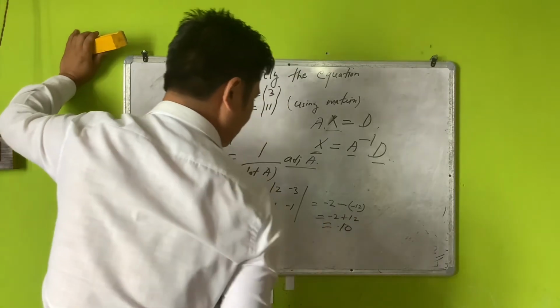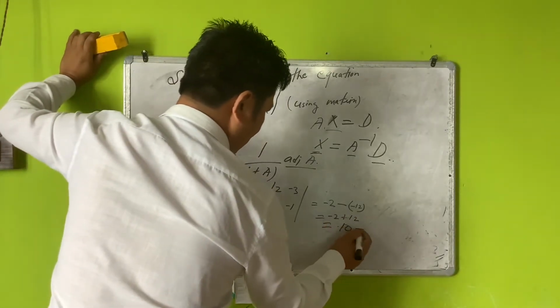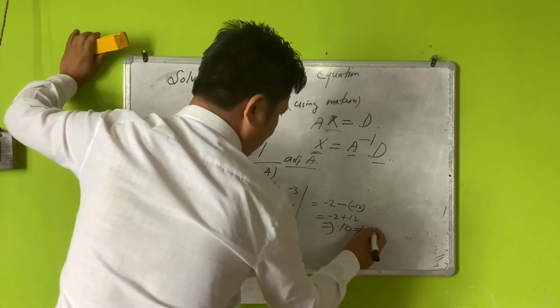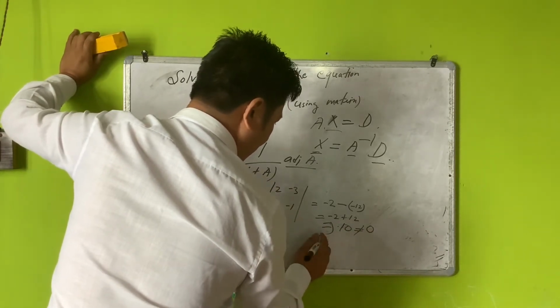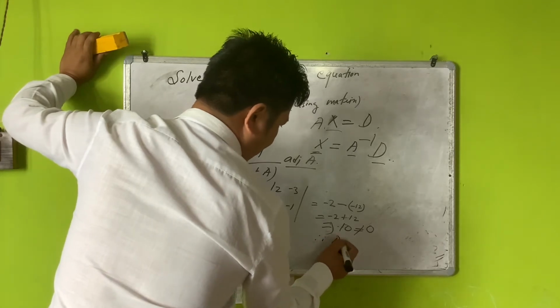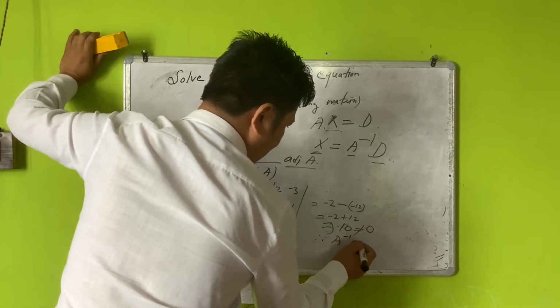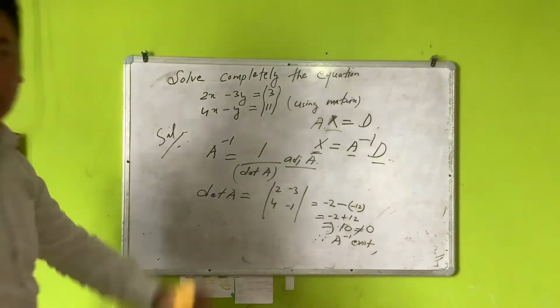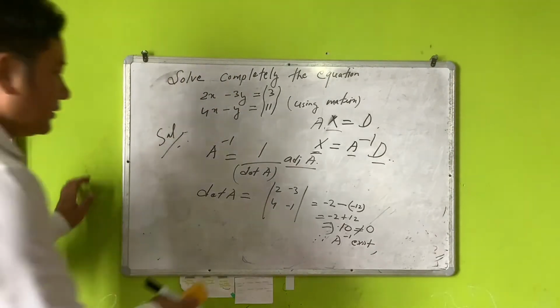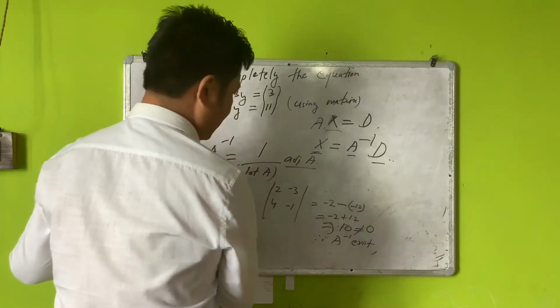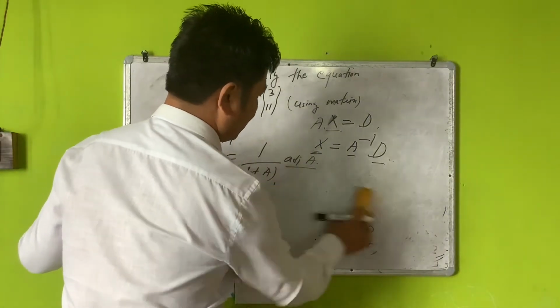So this 10 is not equal to 0. So you have to write, therefore, A inverse exists, okay? So you found the value of the determinant, that is 10.